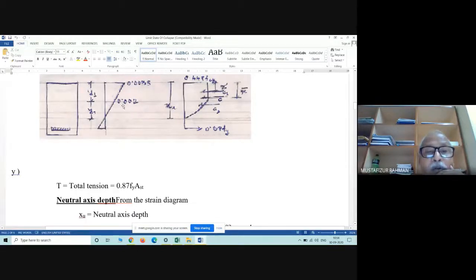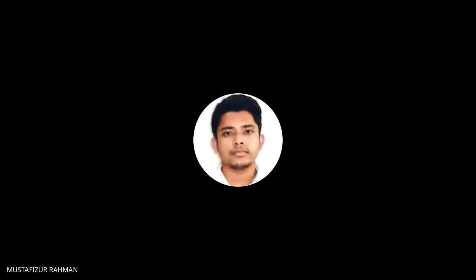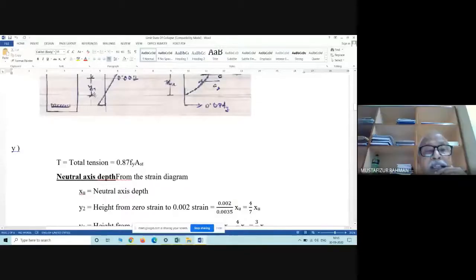This value is known to us, 0.002. This value is known, 0.0035, and this value is known in terms of the unknown XU. So from this similarity, Y2 is equal to this divided by this multiplied by this. So we got the height Y2.